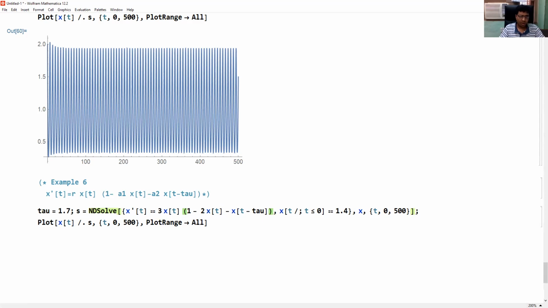Now what will be the equilibrium point in this case? 1 upon a1 plus a2, so 1 upon 2 plus 1, 1 upon 3. Equilibrium is 1 upon 3.